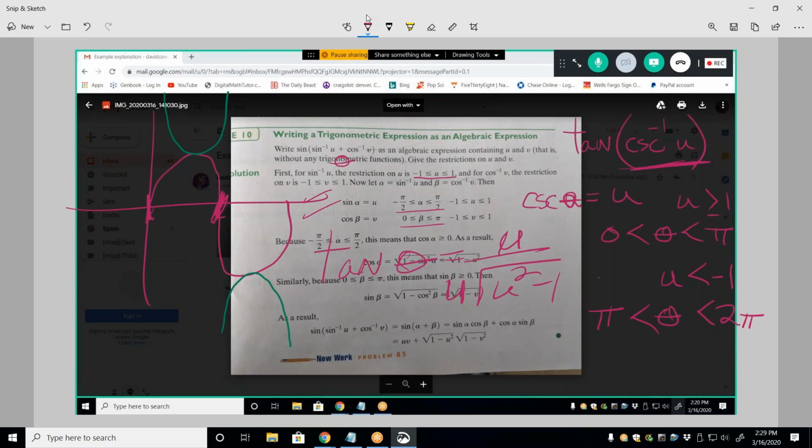Now the question is why the absolute value sign on the top? Tangent of this angle, we don't know. Let's see.